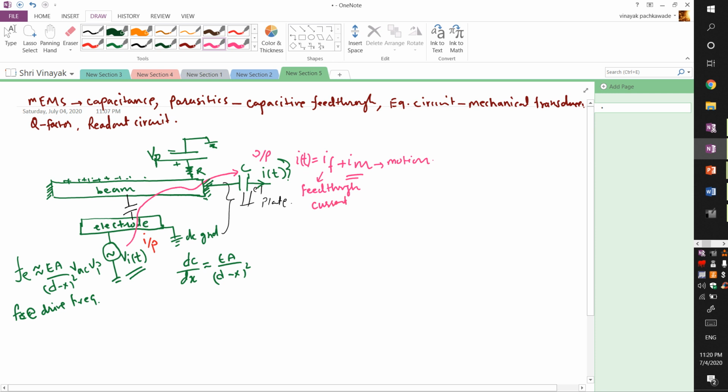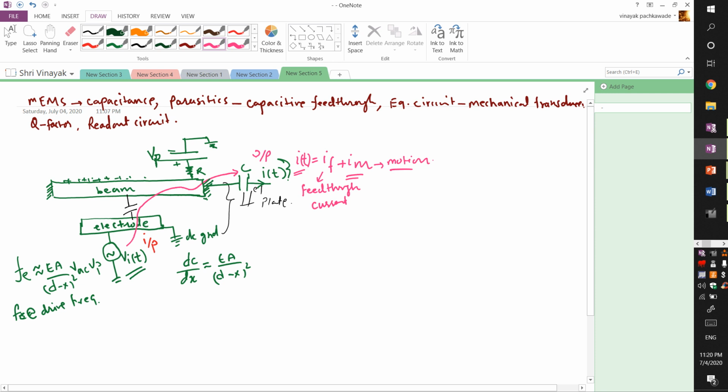It's due to the inherent capacitance that is formed between this beam and the electrode beneath. Because of this voltage over here, we have this current through this capacitance that is going to be added with the current in the motion. So the total current IT is the summation of these two components.